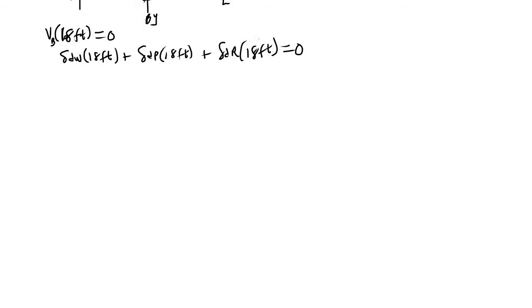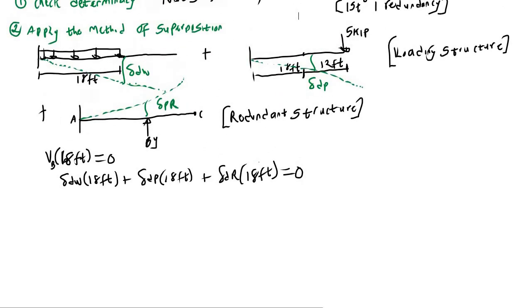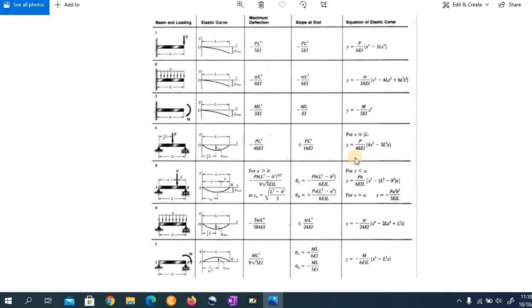So we need to take a look at the beam and deflection table in order for us to calculate the displacement. So for the first one, the displacement due to this distributed load, if you take a look at the table, we have a fixed support, that is, we have a cantilever beam, and we have a rectangular distributed load.